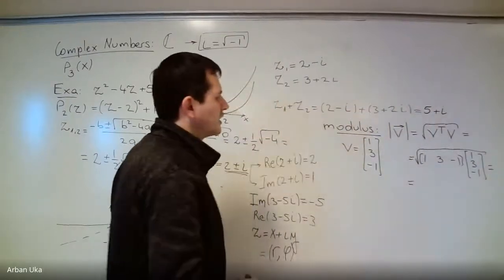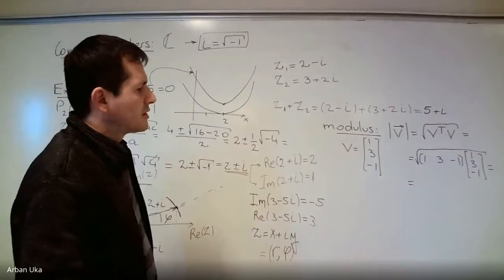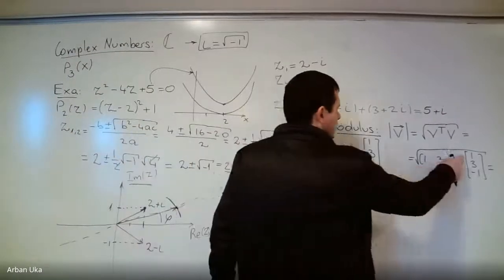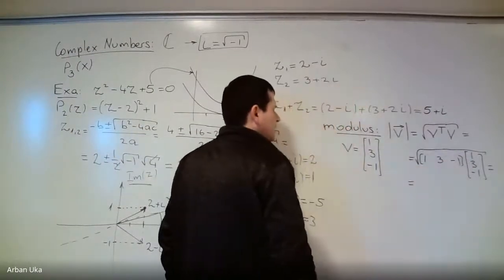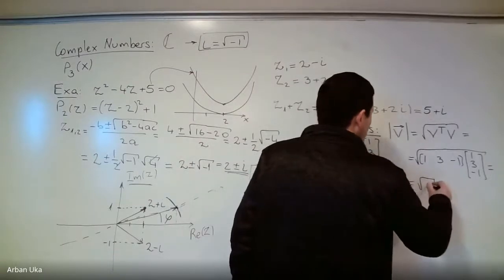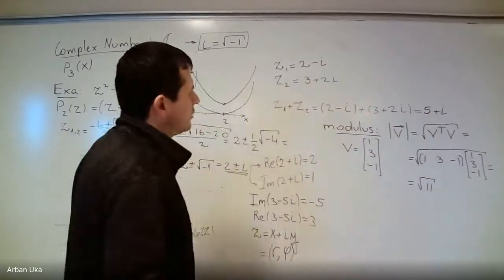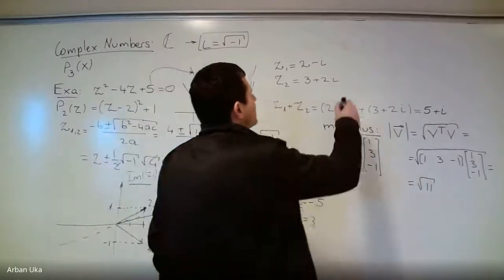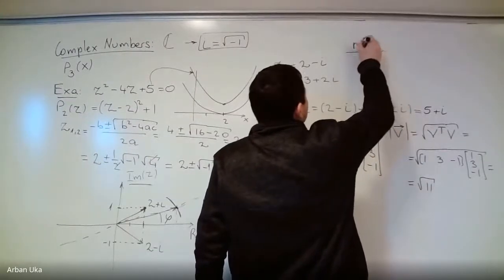We multiply them together and we should get a scalar: 1 times 1 is 1, plus 9 is 10, plus 1 is 11. So here we have the square root of 11. That's good. Now we have to define the modulus of complex numbers.